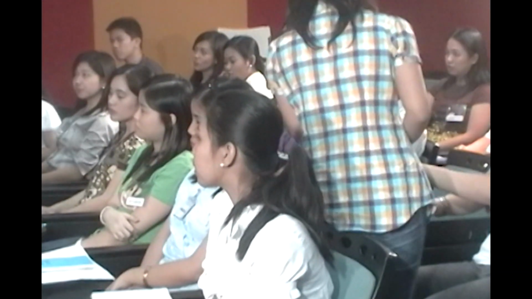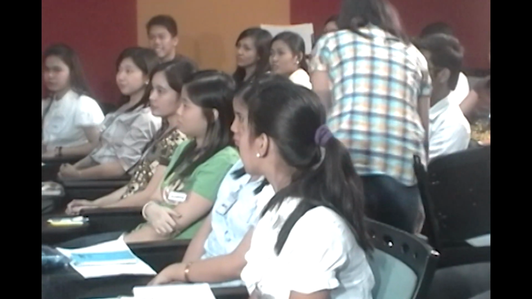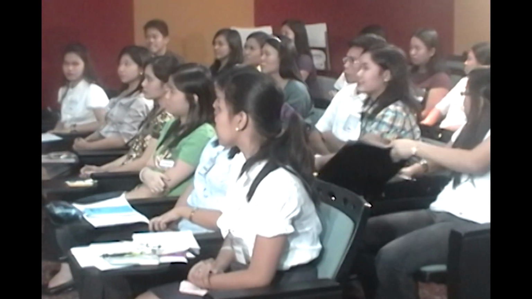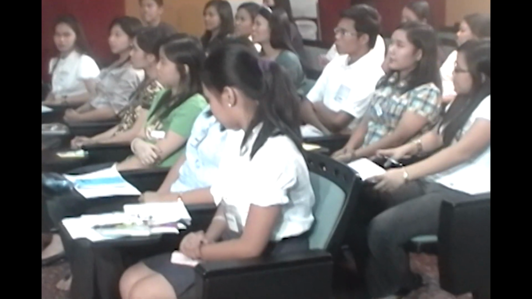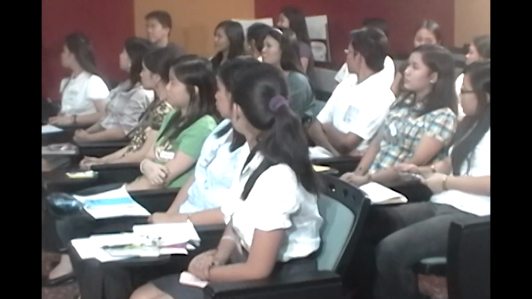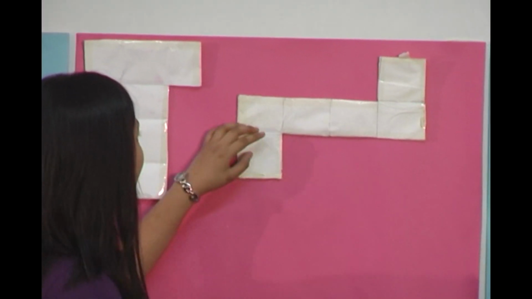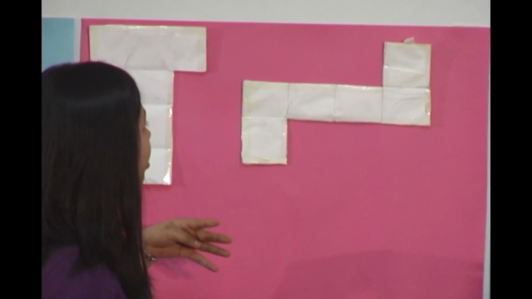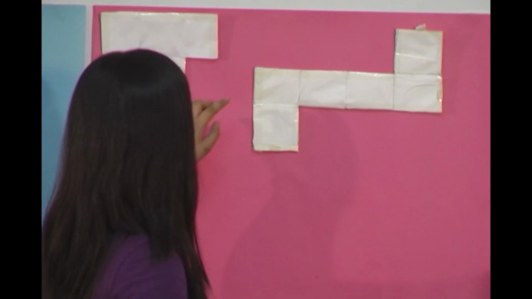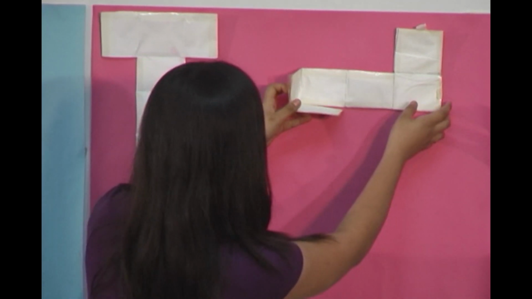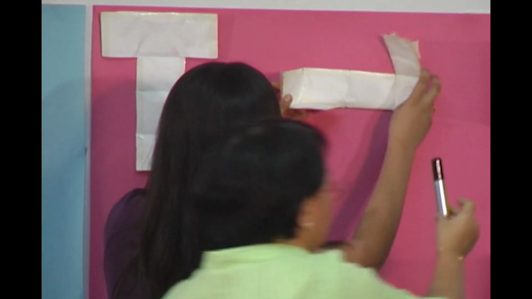How about the edges? How many edges do we have? 12. Who would like to come in front and point to us the edges? You can fold it as you count. And Ariel. In this pattern, there will be 4 edges on the bottom base. Will you kindly number it? Where are the edges?